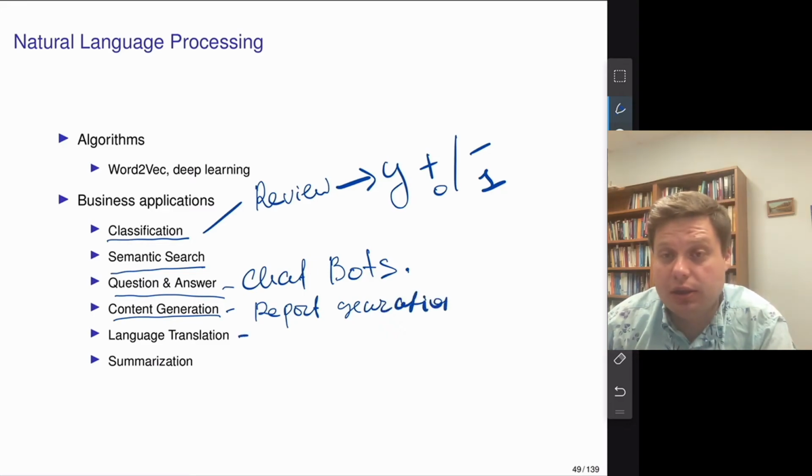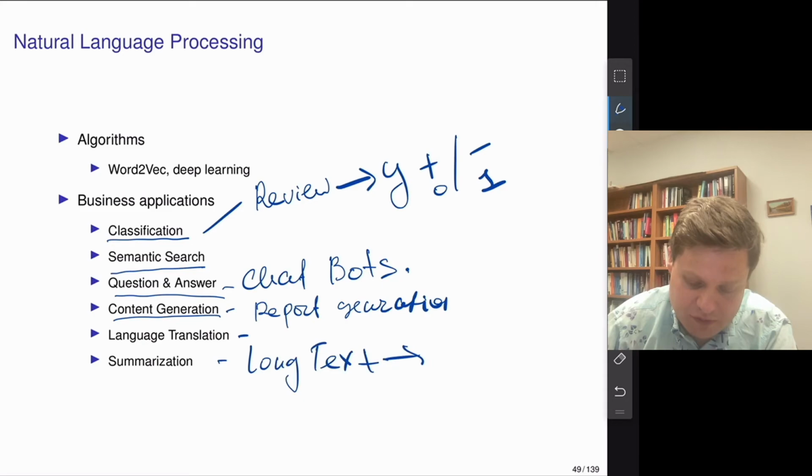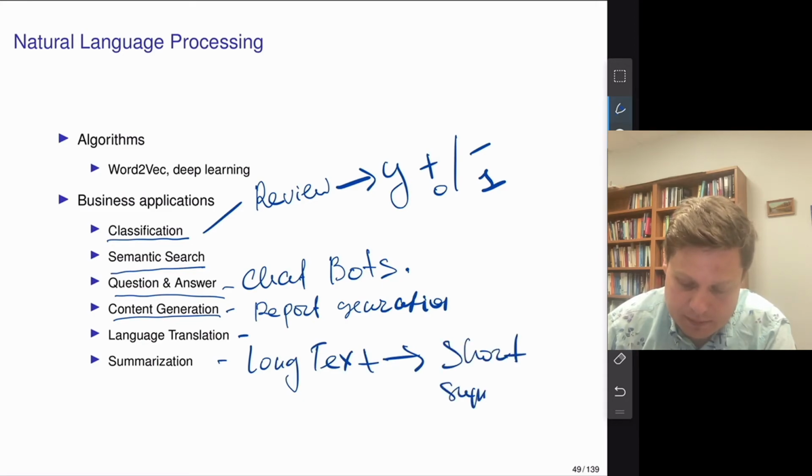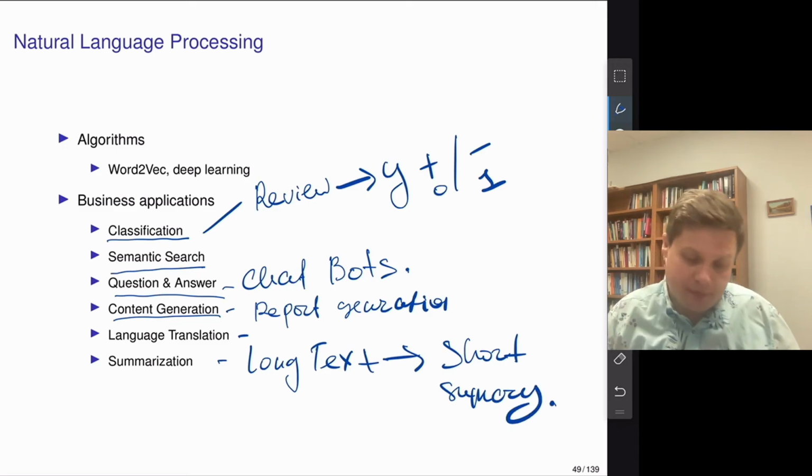Language translation, so when you translate from English to French, Google Translate is one example of that. And summarization, so summarization is to take a long piece of text and transform it into a short summary. And you can have a machine do that for you.